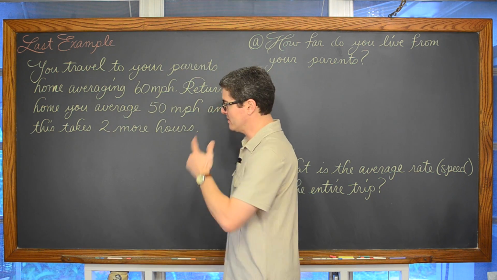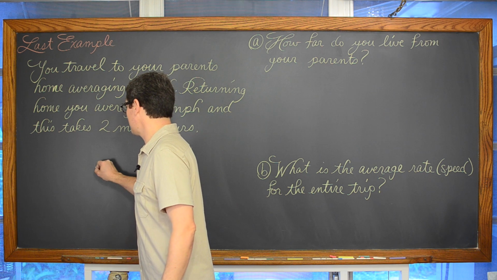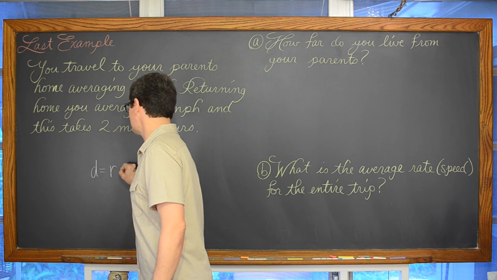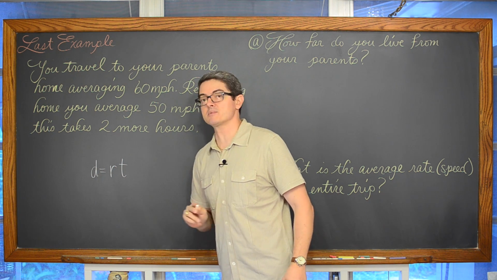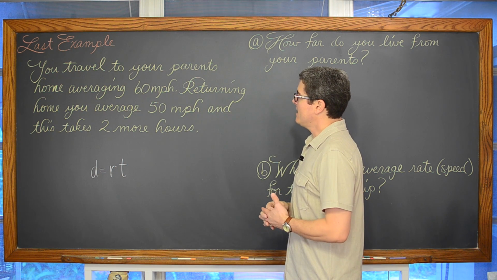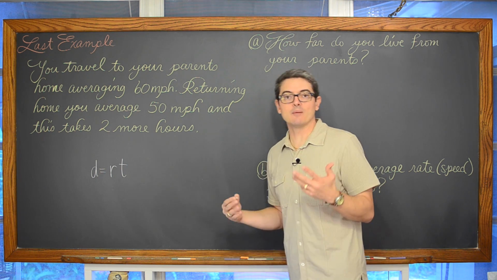Well, anything in motion, pretty much, especially in algebra, is going to be dealing with distance equals rate times time, or D equals RT. Distance equals rate times time. And you are traveling to your parents' home from your house.